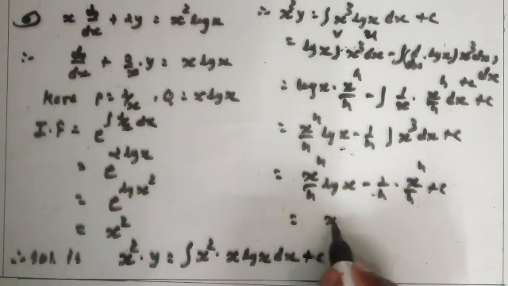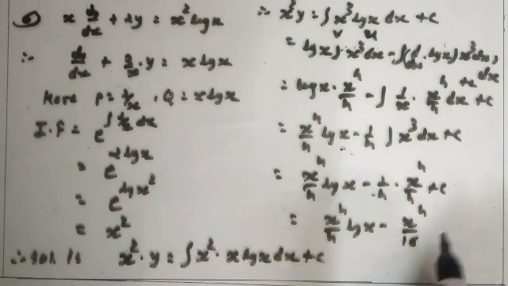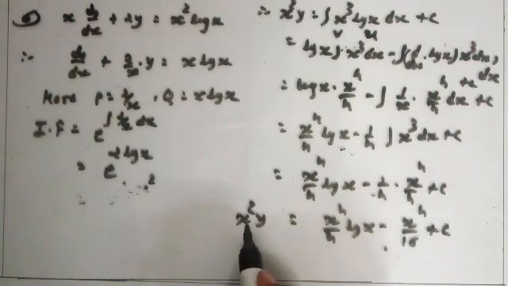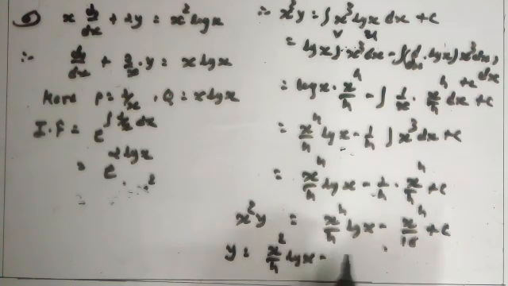So is equal to x raised to 4 upon 4 log x minus x raised to 4 upon 16, plus c. Now dividing by x square, we get y is equal to x raised to 4 upon x square, that is x square upon 4 log x minus x square upon 16 plus c into x raised to minus 2.